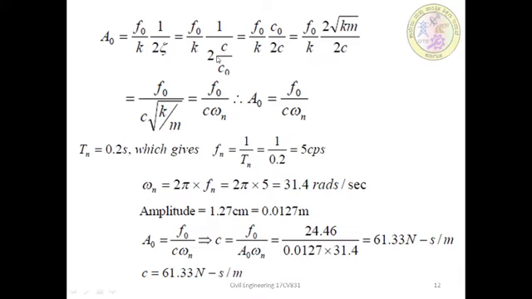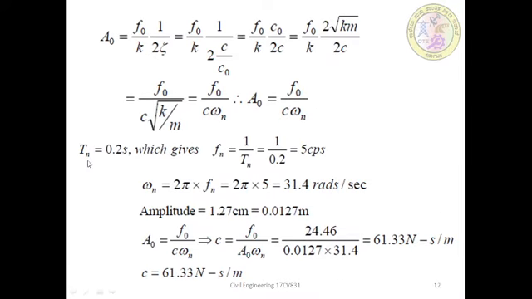What is chi? Chi is equal to c divided by cc. Rearranging the equation, we get A naught equal to F naught divided by c omega n, or A naught equal to F naught divided by c omega.